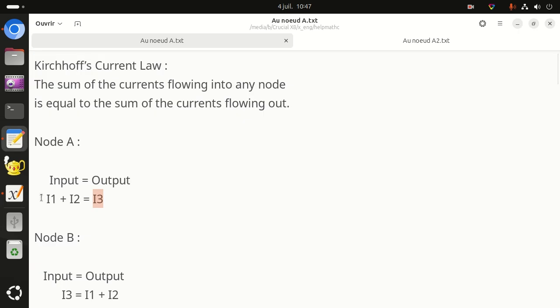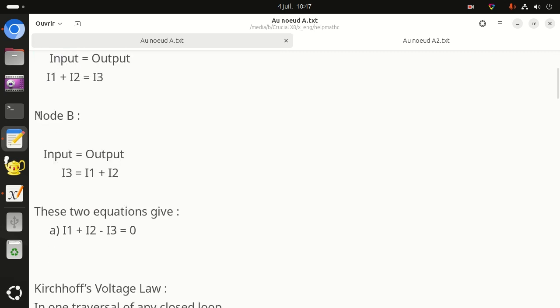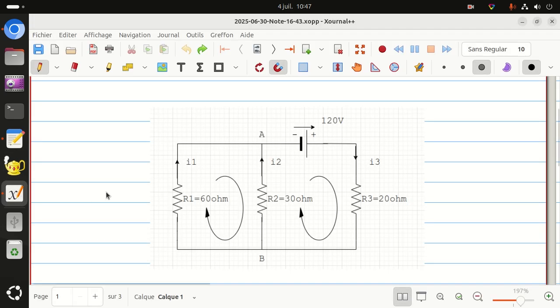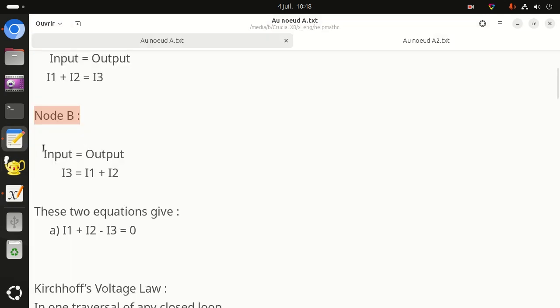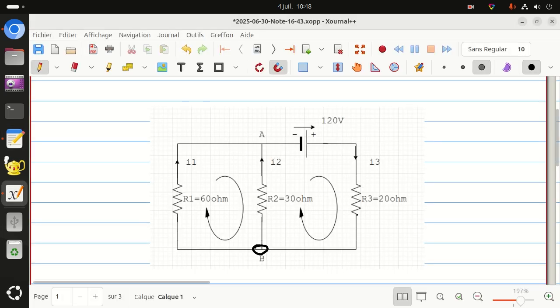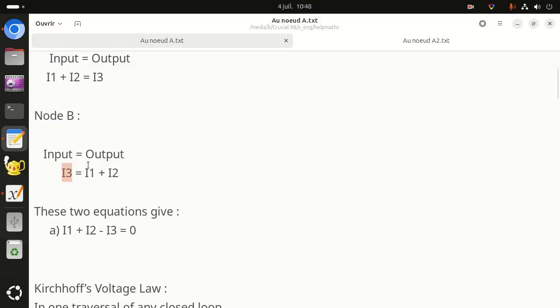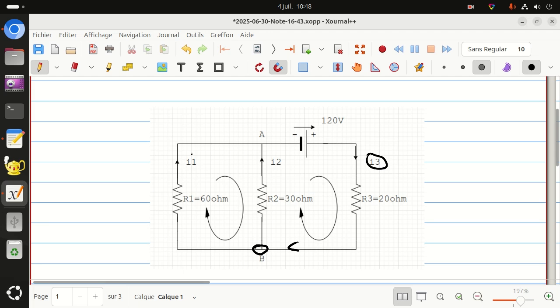I have written the first equation for the node A. Now the node B. The input for the node B is I3, and the output for the node B is I1 and I2.